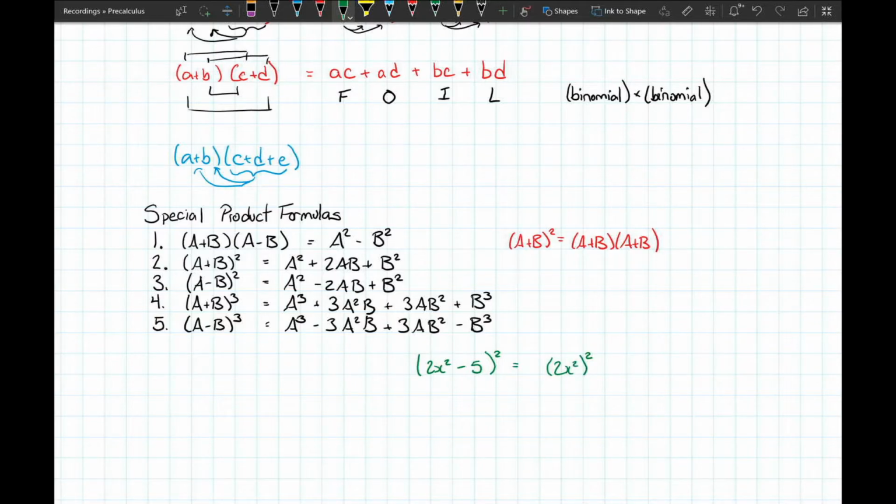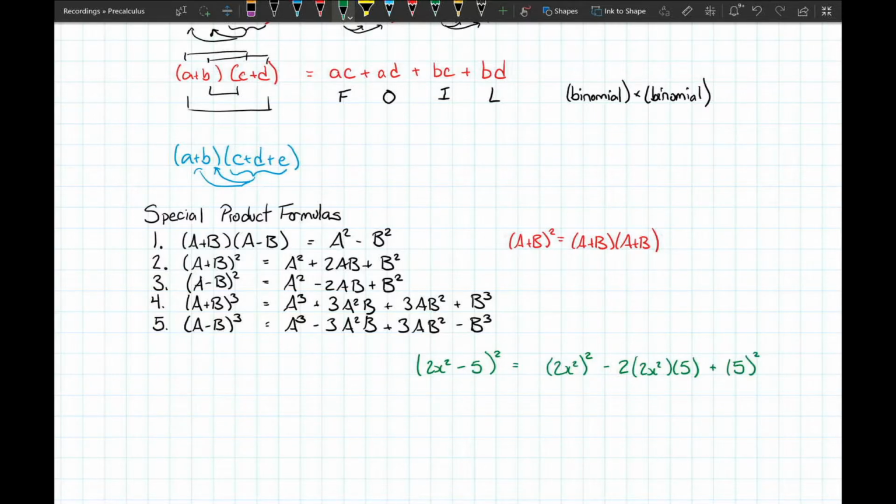That's the square. Double the product, so that's going to be 2 times 2x squared and a 5, and because it's a minus sign, that's going to end up being negative, plus negative 5 squared. So I'm just using formula number 3 there.